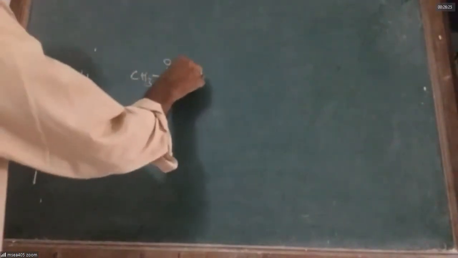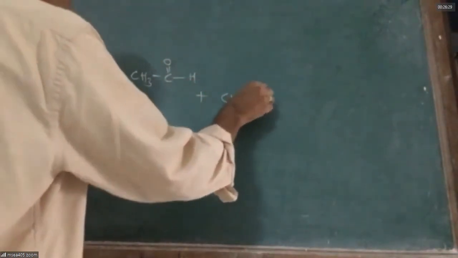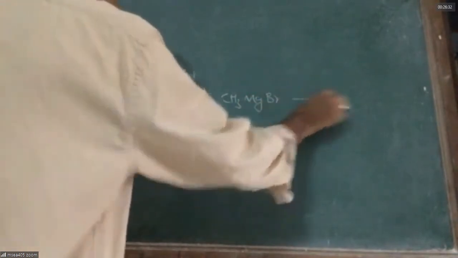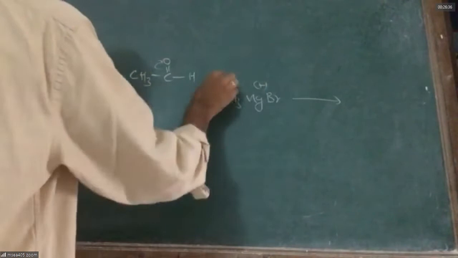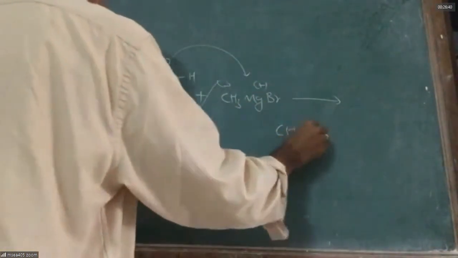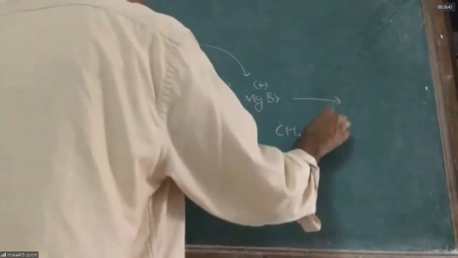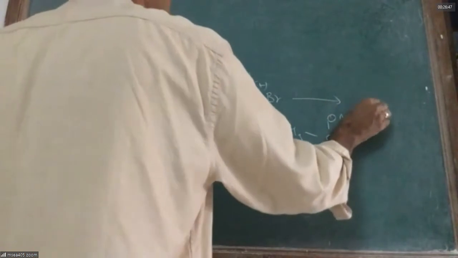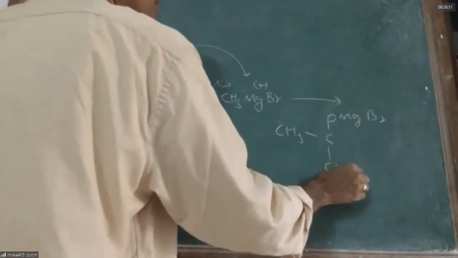Now, you are talking about any other aldehyde. You take acetaldehyde, for example. Now you react with any Grignard reagent, same ethyl magnesium bromide, and in the reaction, same strategy. The methyl is attacking here.